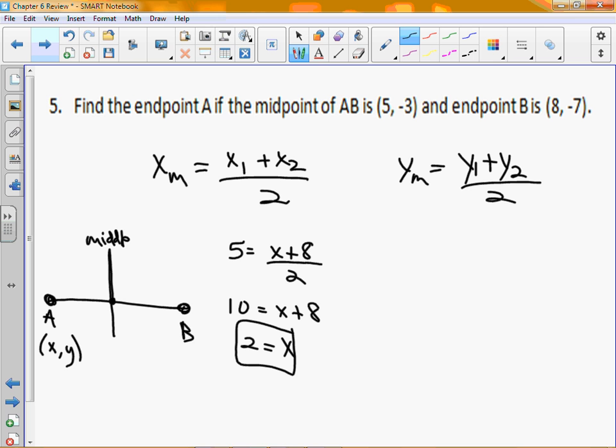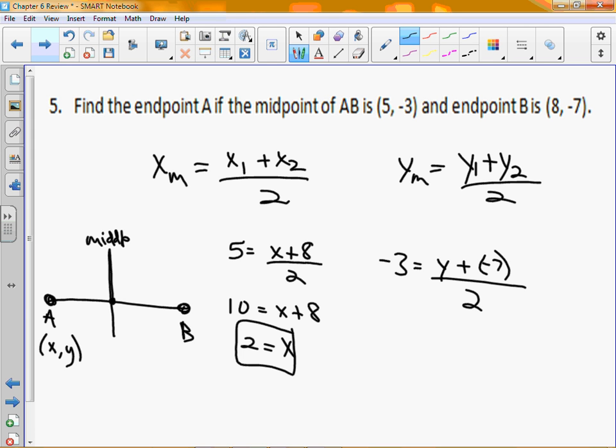If I have -3 here, and I want to add y plus -7 divided by 2, whatever number I think the answer is, when I add -7 to it and divide by 2, it's got to give me -3. So my answer's got to be somehow -6. Because what's negative 6 divided by 2? Negative 3.